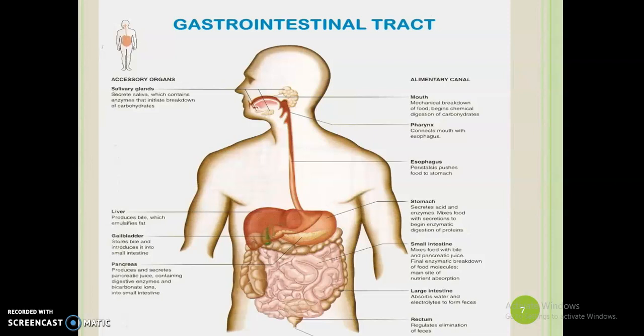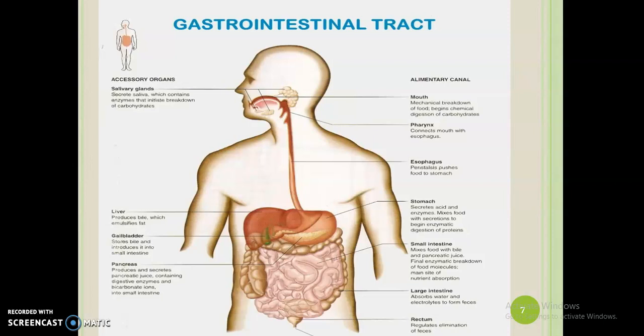Also, the function of the small intestine is to mix food with the bile and pancreatic juice, final enzymatic breakdown of food molecules, and it is the main site of nutrient absorption. The function of the large intestine is to absorb water and electrolytes to form the feces.